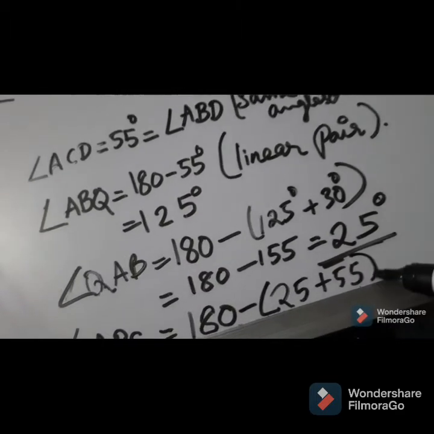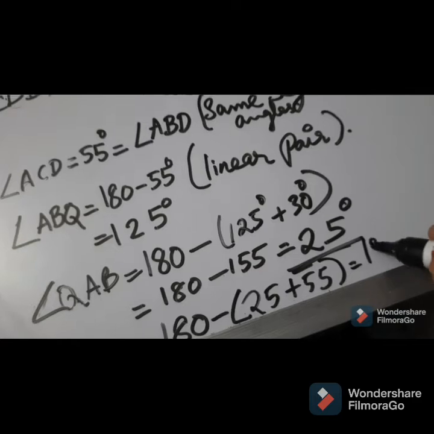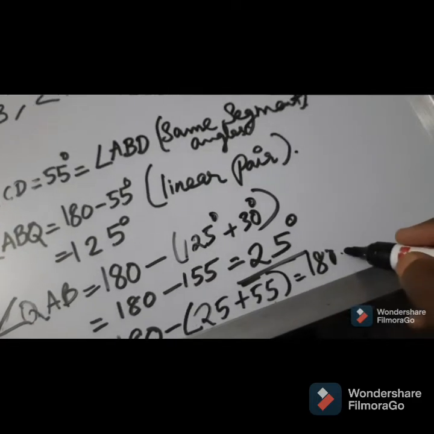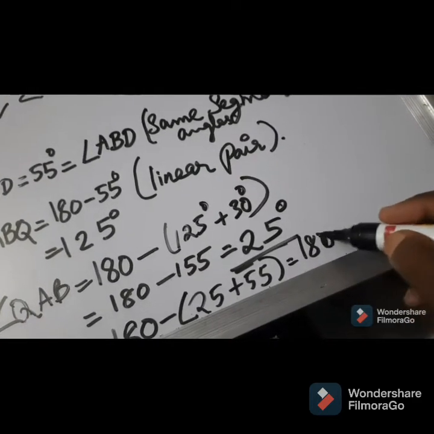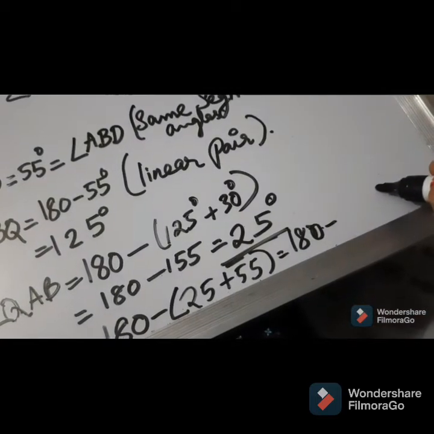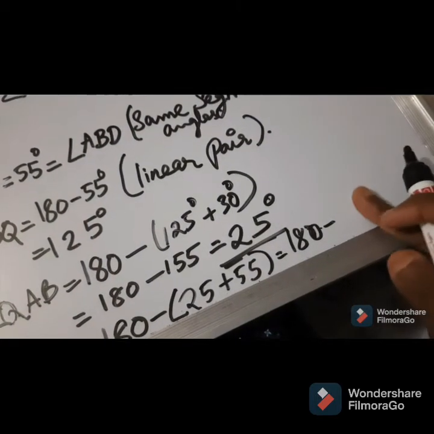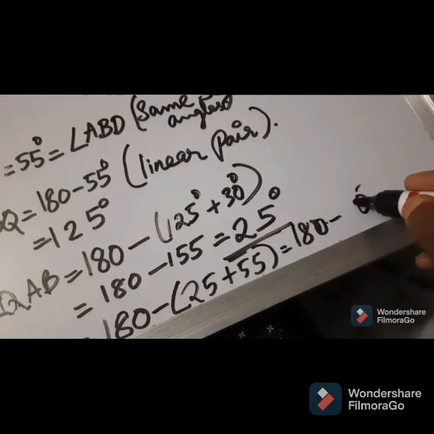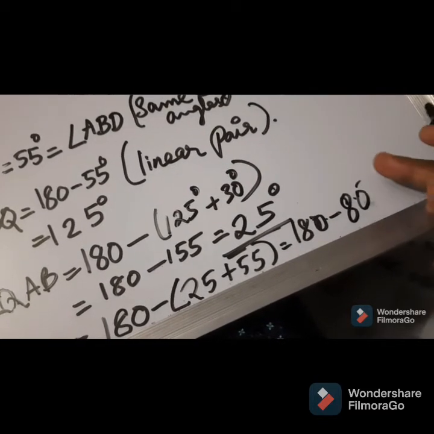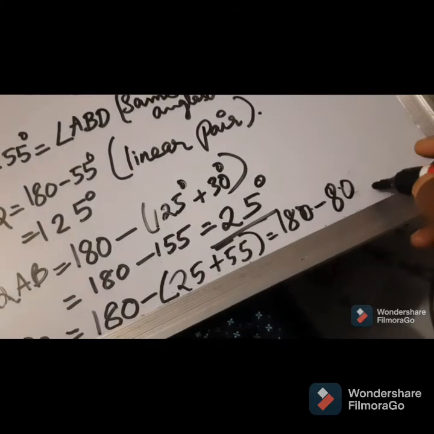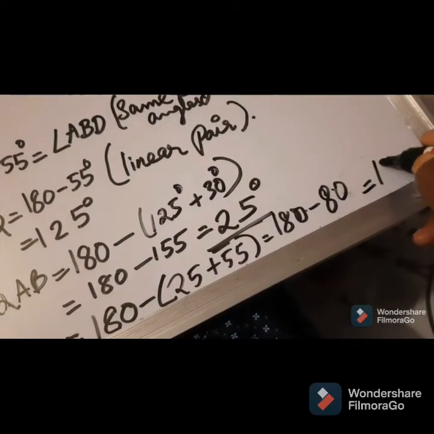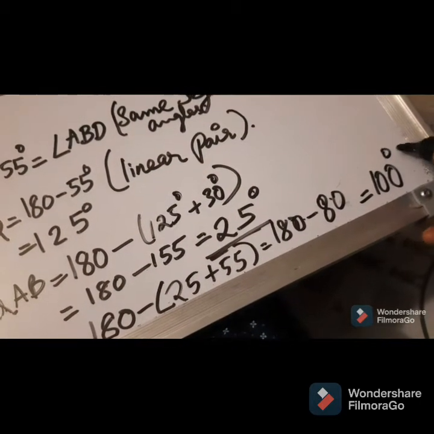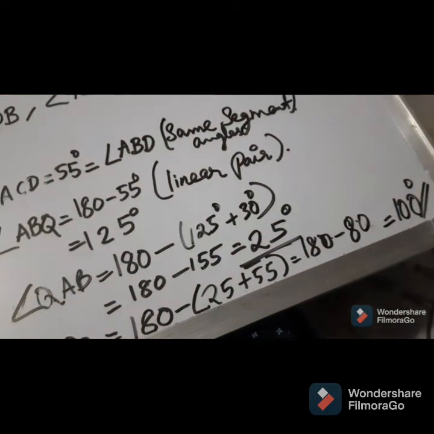So what will come? 180 minus 80. 25 plus 55 is 80. So 180 minus 80 means 100 degrees. So this is the answer.